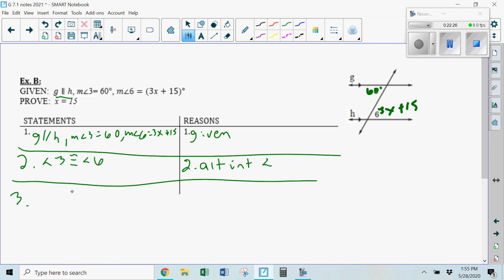You can change your congruent to equals anytime you want. That means the same thing. Congruent means equal. Instead of angle 3, you can substitute a 60 in there. Instead of angle 6, you can substitute this, because that's what angle 6 is equal to. Remember, we just call that substitution.